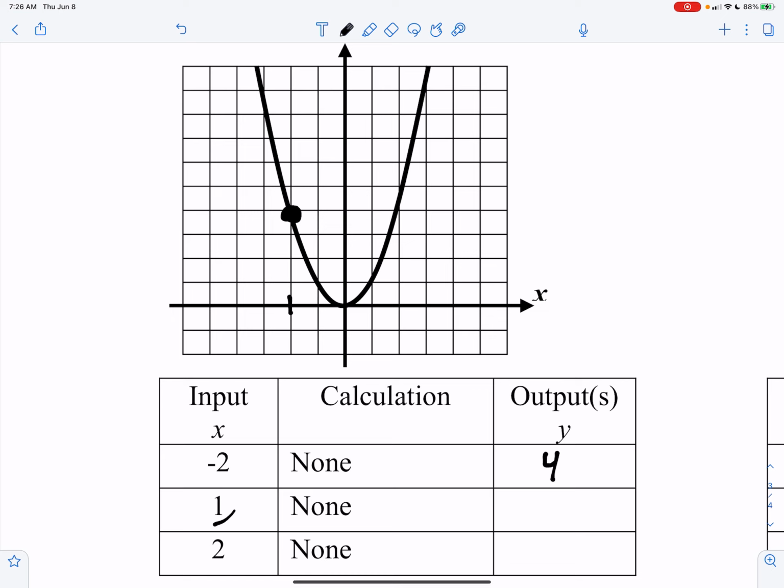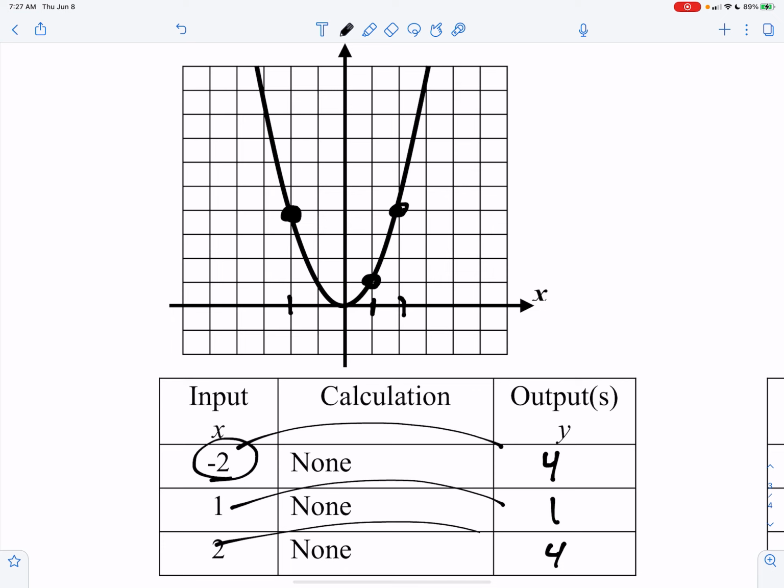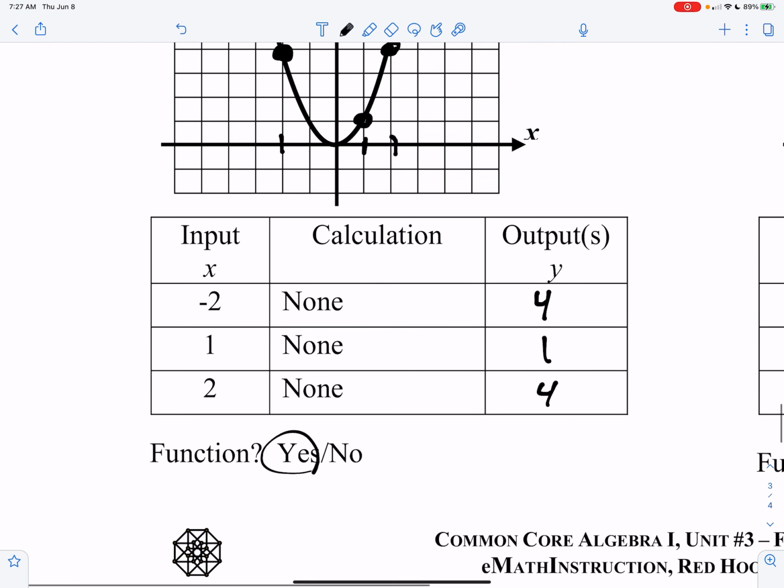At x equals 1, which is right here, go up to the graph. Looks like y equals 1 right there. And same thing, if x equals 2, I'll go up, y equals 4. So does every input have its own output? Yes. That is a function.